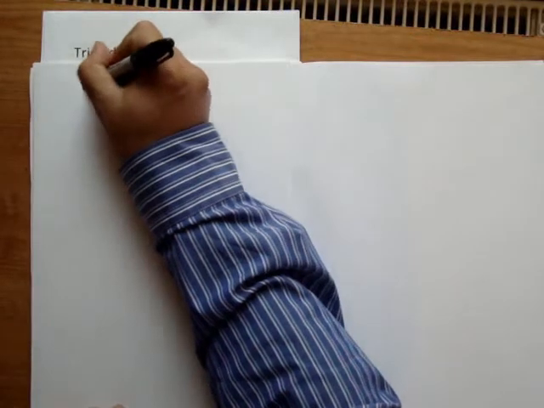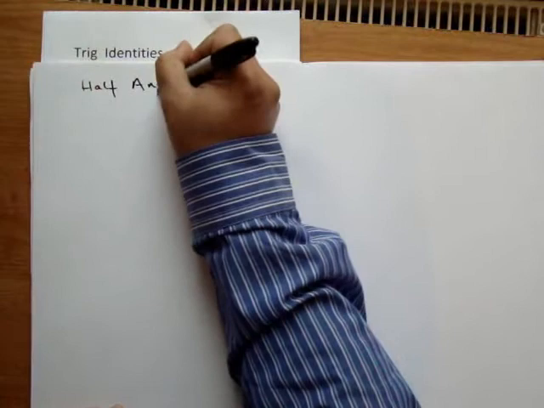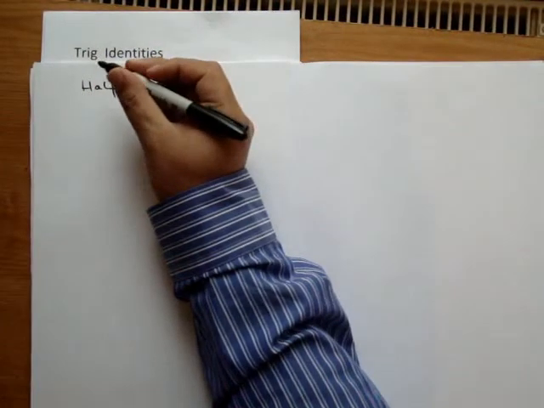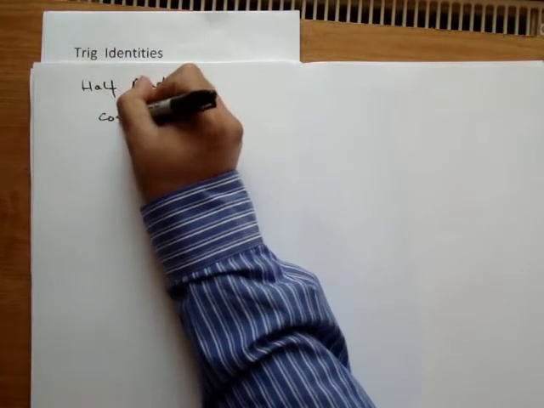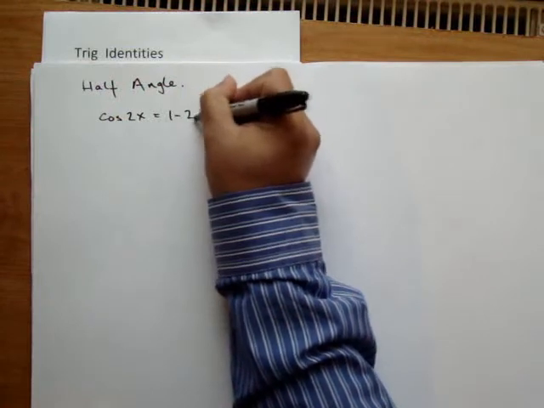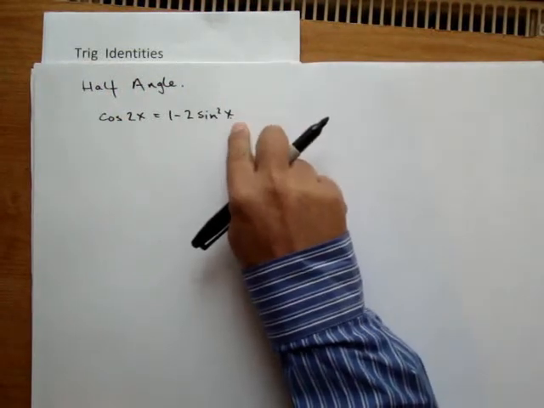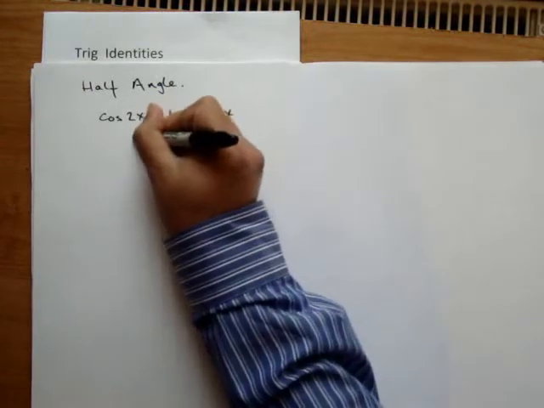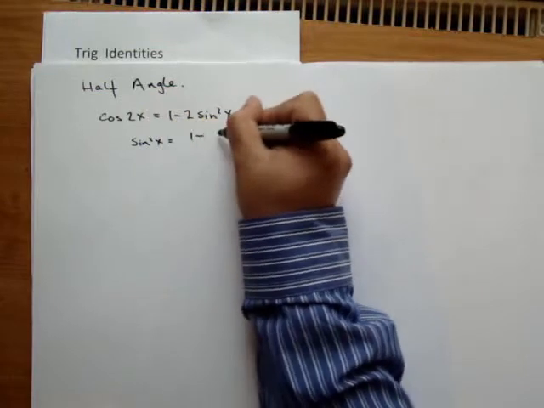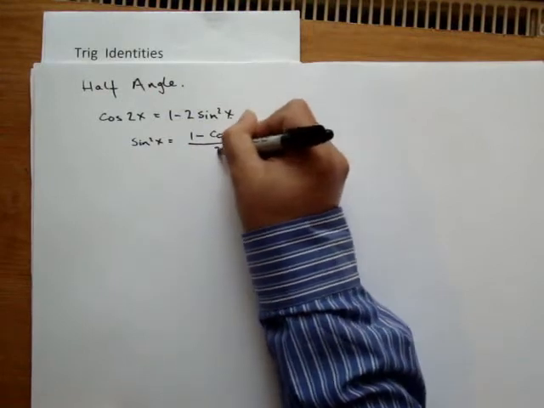Let's look at the half angle identities. Previously we saw in the double angle identities that cos 2x equals 1 minus 2 sine squared x. If we rearrange that, we get sine squared x equals 1 minus cos 2x all over 2.